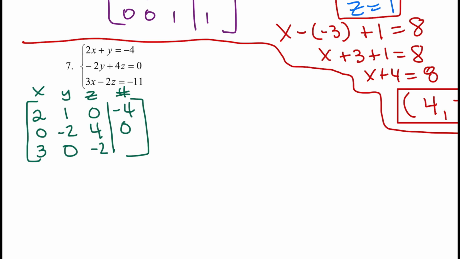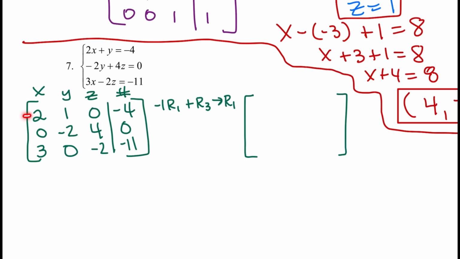Sometimes you have to have fractions to be able to solve them. But I do notice that 3 is one number higher than 2. So if I take -1 and times it by row 1 and add it to row 3, that could give me my new row 1.